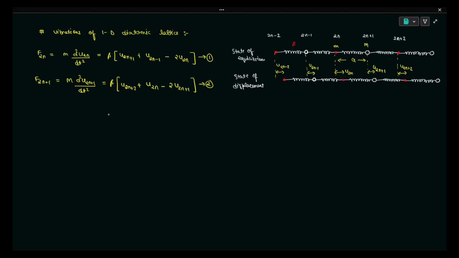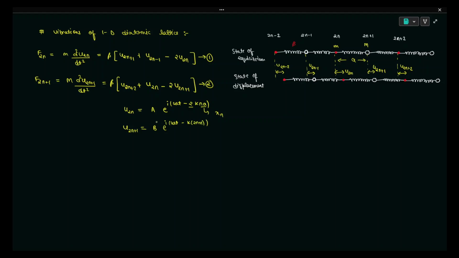We are seeking the traveling solution of the type u2n equal to A e raised to the power i(omega t minus k 2n a), where 2na represents the position of the nth atom, and the solution is a plane wave type solution. Similarly you can get the solution for u2n plus 1 as B e raised to the power i(omega t minus k(2n plus 1)a).